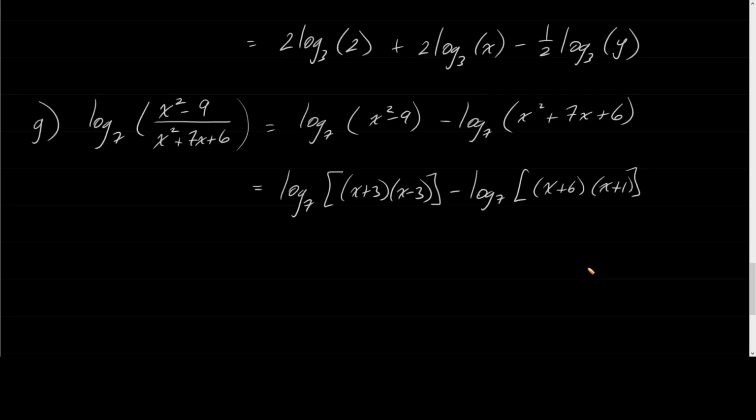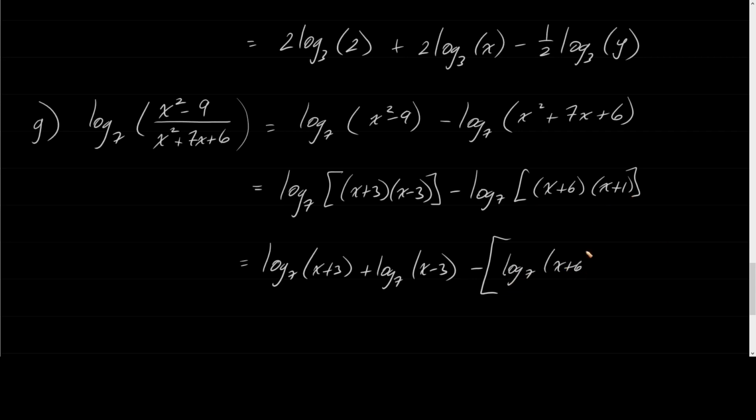And finally here, now I'm going to use the product rule again. So I'm going to say here I have log base 7 of x plus 3 plus log base 7 of x minus 3 minus, and here I need to be careful because this minus needs to apply to everything that I'm going to write. So in here, this is going to be log base 7 of x plus 6 plus log base 7 of x plus 1.